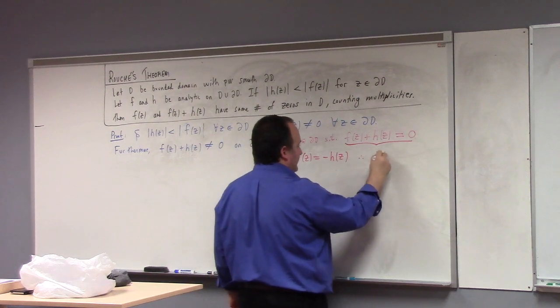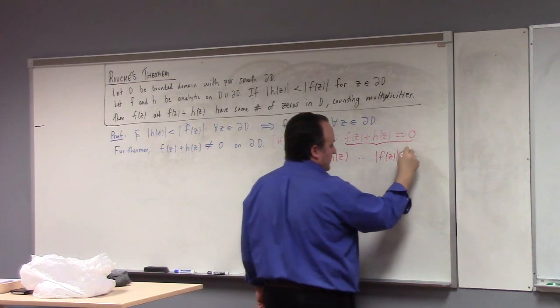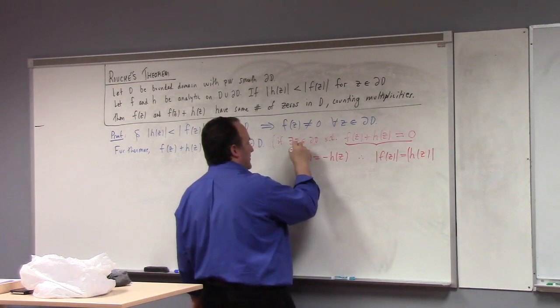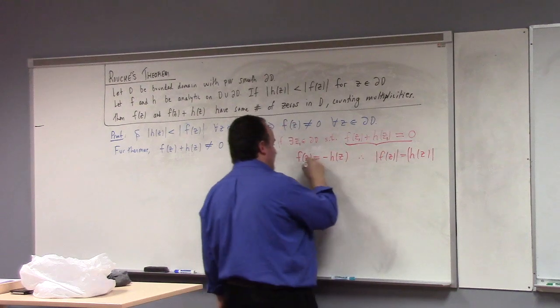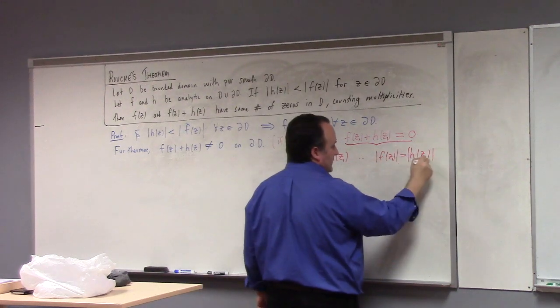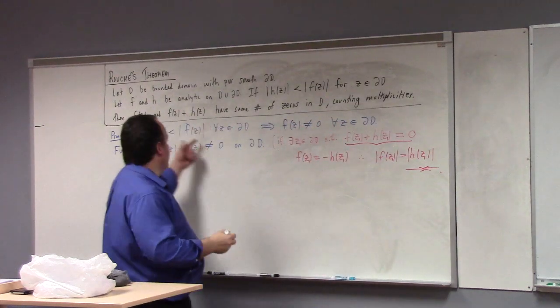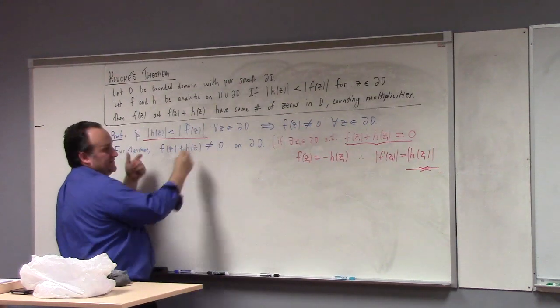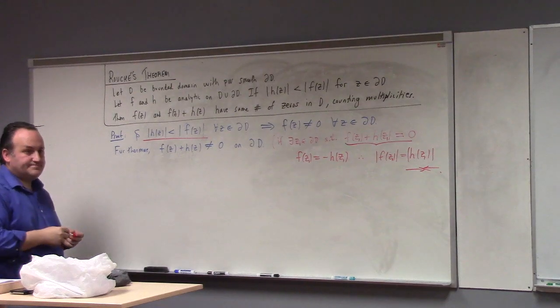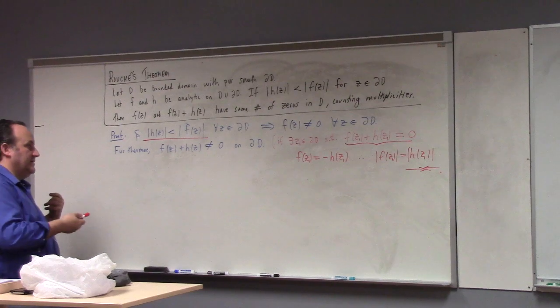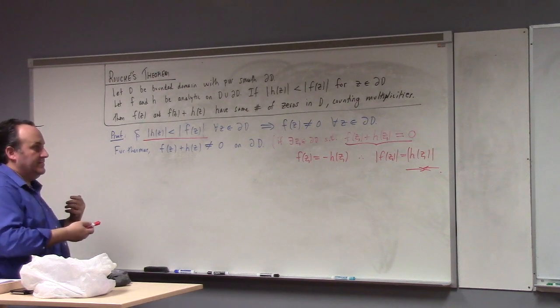So therefore, the modulus of f of z is equal to the modulus of h of z for this z. I'll call it z1 for the sake of specificity. But that's a contradiction, because we are given this, right? Okay, so therefore, f of z plus h of z is not equal to 0 on the boundary.